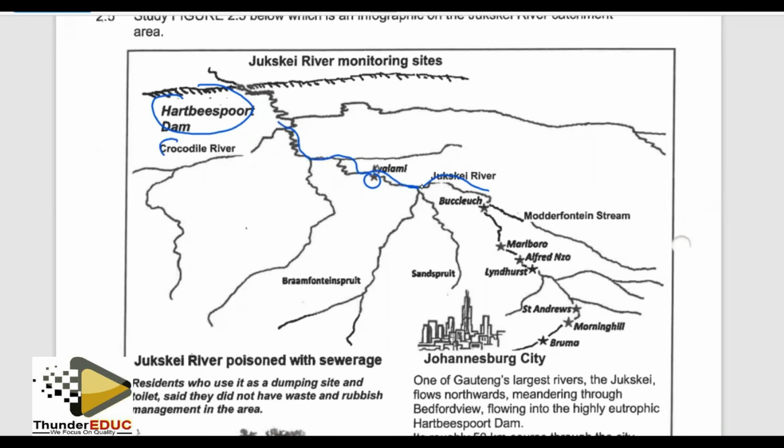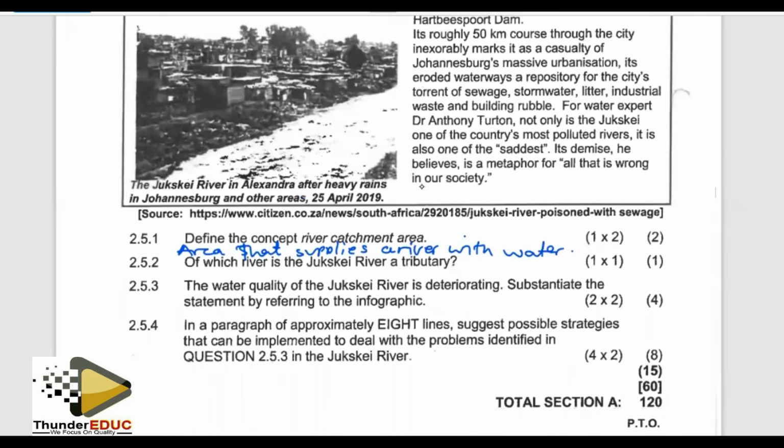Here they mentioned the Crocodile River. So this tributary, the Jaskai River, is flowing into the Crocodile River. That's why we say the Crocodile River. Okay.